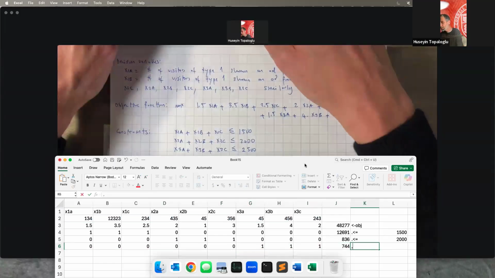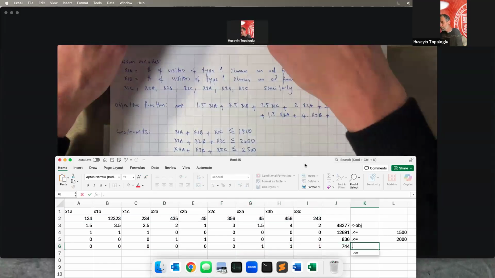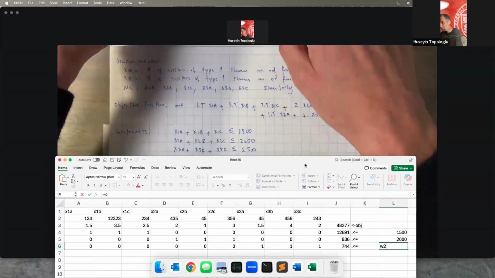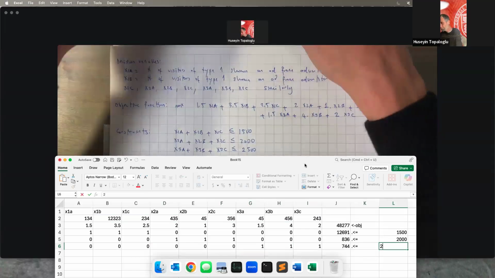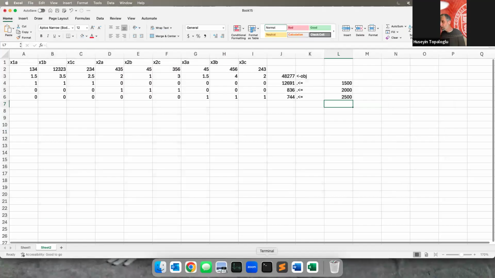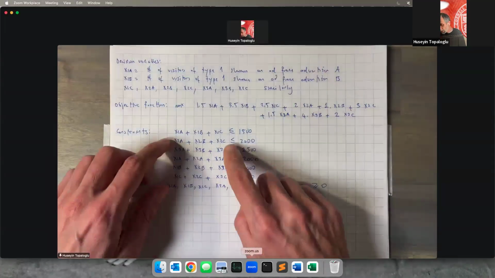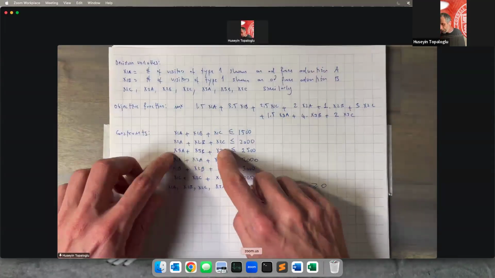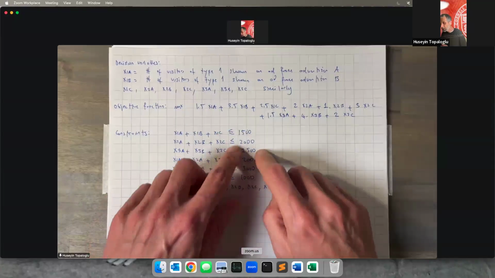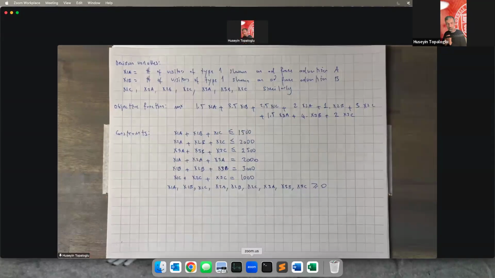And again, to remind myself, this is a less than or equal to constraint, and the right-hand side of this constraint is 2500. Wonderful. So now we have entered the left-hand side of these constraints, and as a reminder, we noted in our Excel spreadsheet that these are less than or equal to constraints, and we also put down the right-hand side of these constraints.